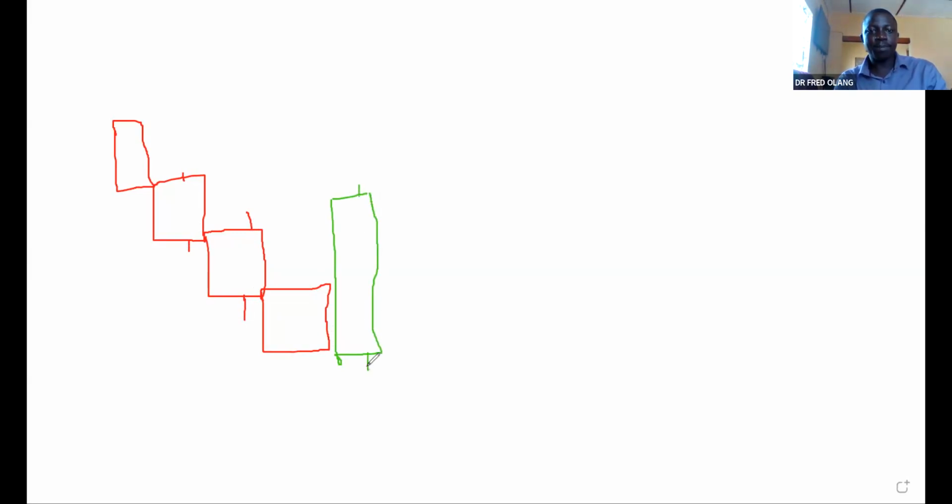If I compare this candle to this candle, you realize that this one is showing that it is stronger than the previous candle. Are you getting me?